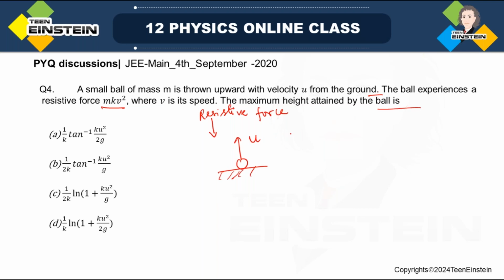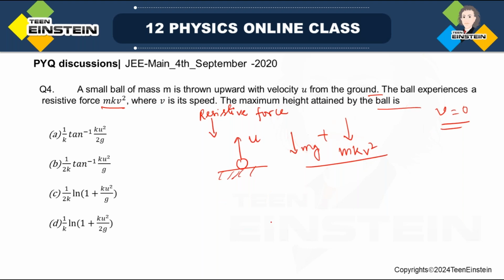One is mg in this way. Another one is the resistive force, that is mk v square. So these two forces are acting in the opposite direction, right? So you will have eventually negative accelerations, okay? And at the maximum height you will be reaching when your speed is 0. So at the maximum height, speed will be 0.